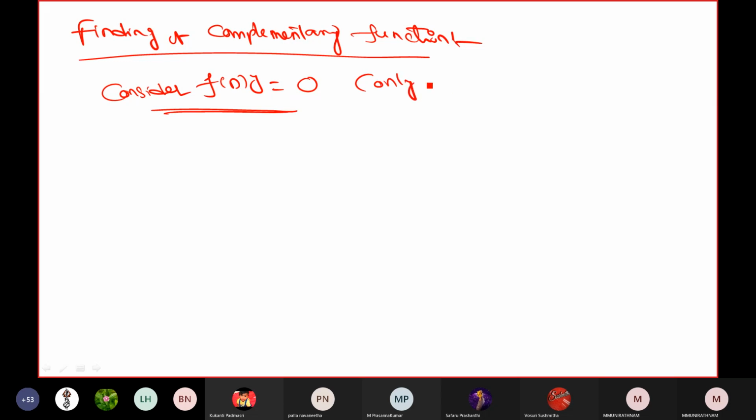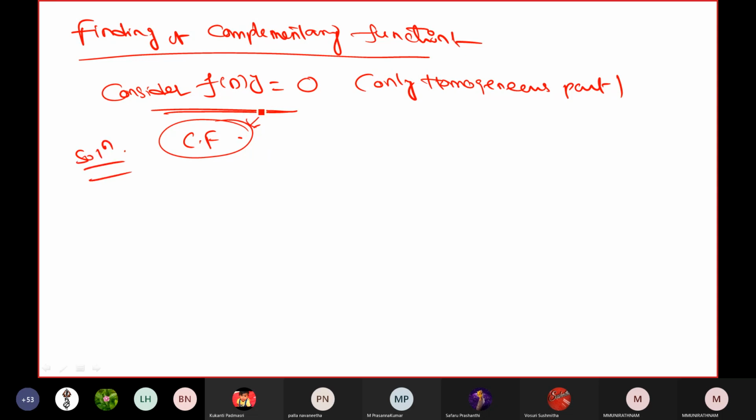The solution of the homogeneous part is called the complementary function. We can write it using the roots of the auxiliary equation, and based on that we will write it.